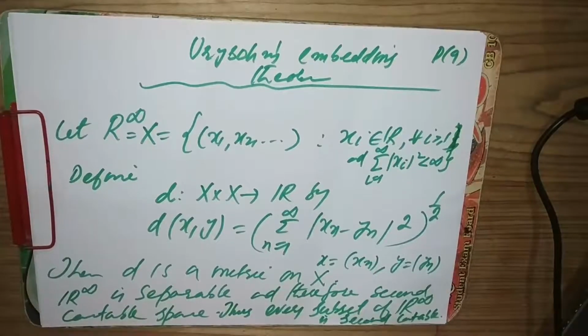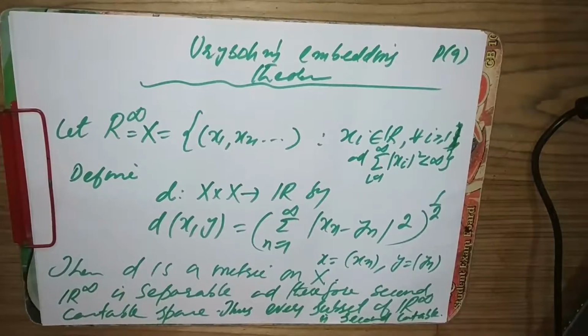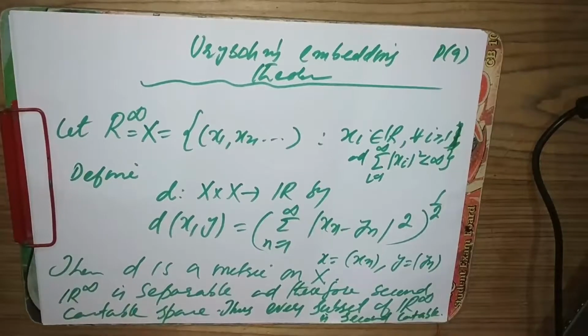By a metrizable topological space we mean a topological space X for which there is a metric on X such that the open sets generated by the metric coincide with the initial topology already on X. Every topological space need not be metrizable, because there are topological spaces which are not second countable, which we have already discussed, and every metric space is second countable.